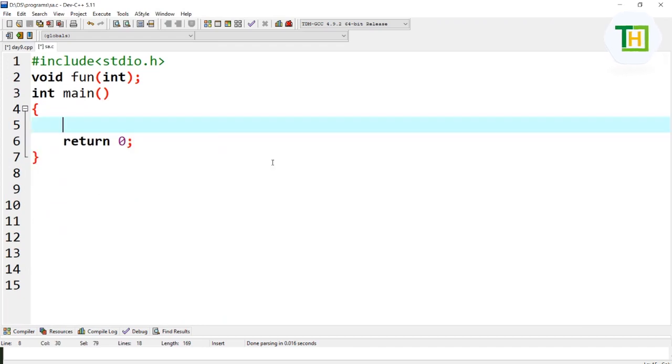If you print the ASCII value of any character, then you will understand. Char CH is equal to capital A, comma CH1 is equal to small a.